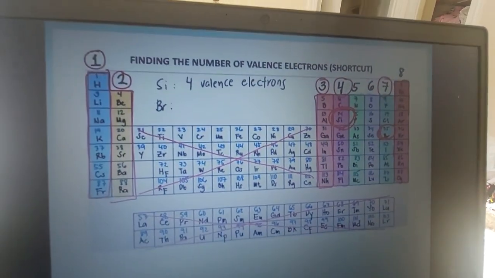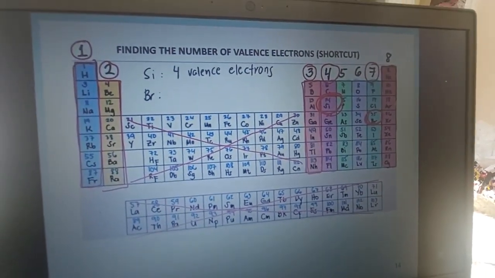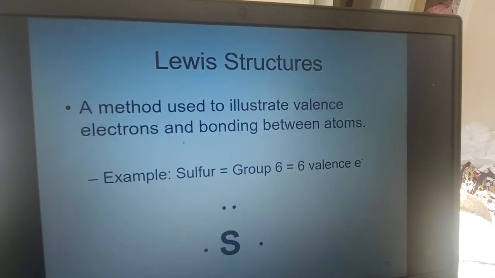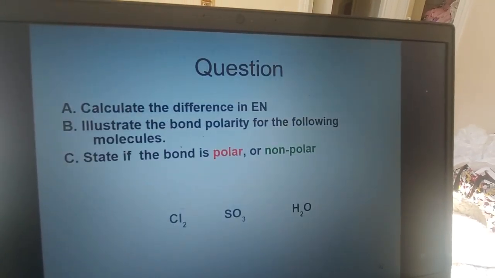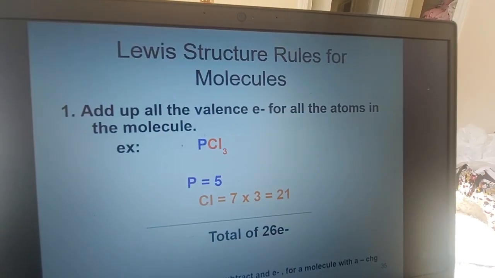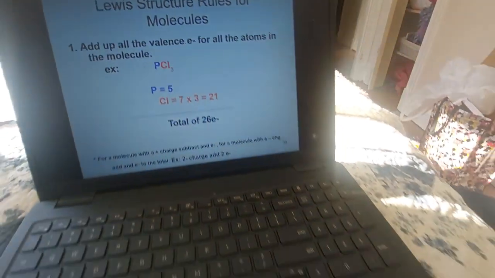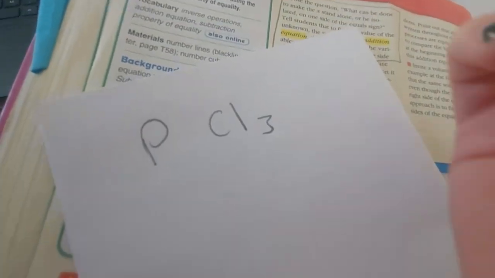Everybody should have this sheet found. If not everybody has it out, please pause the video until everybody finds it. So we have PCl3, where P represents phosphorus and Cl represents chlorine.